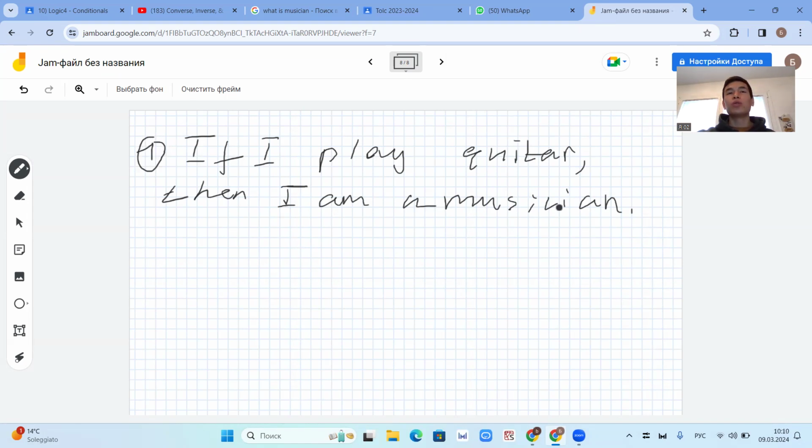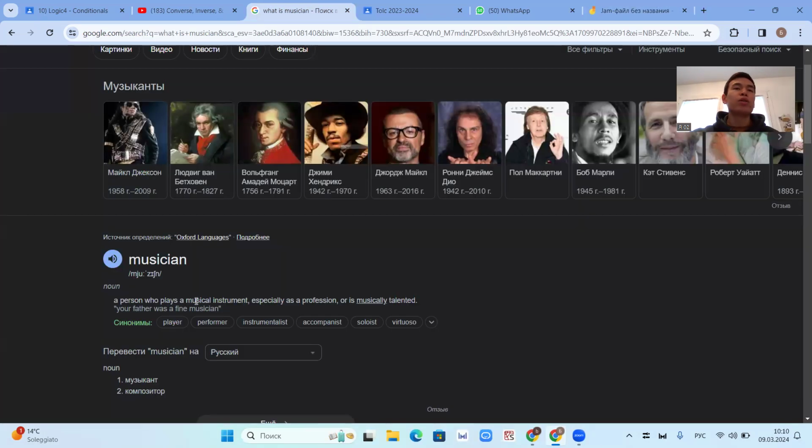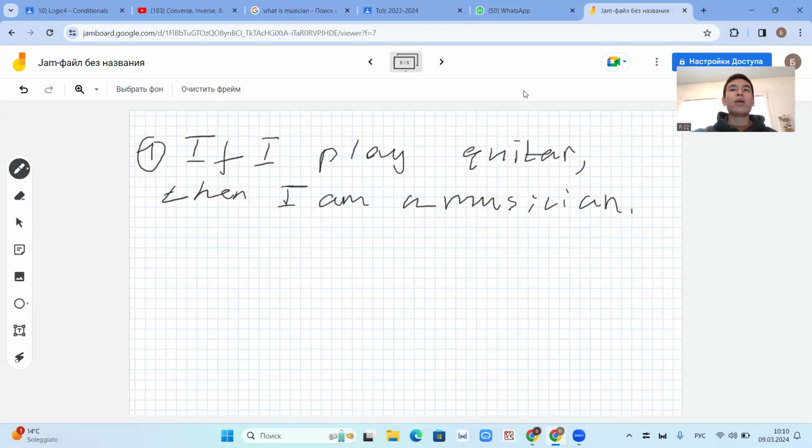It is true, right? If I play guitar, then I am a musician. I wrote it here, the definition of musician: a person who plays a musical instrument, especially as a profession, or a musically talented person. So if I play guitar, I play a musical instrument, right? So if I play guitar, then I am a musician. This is true.